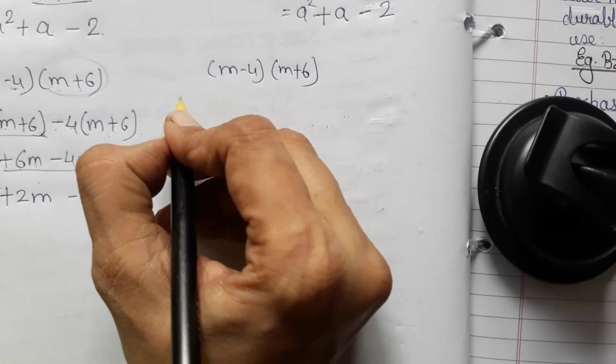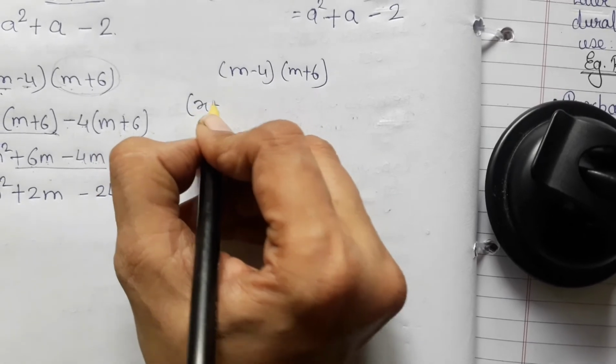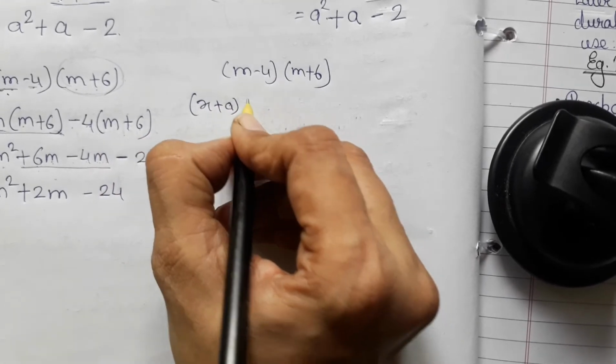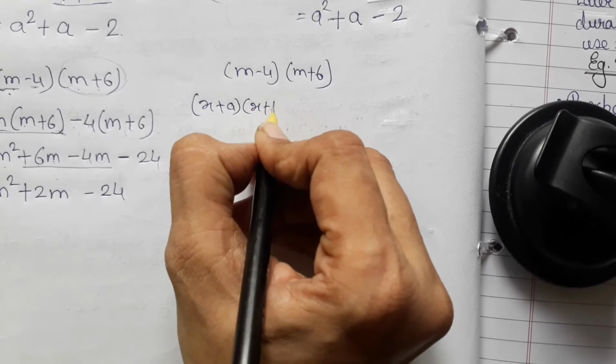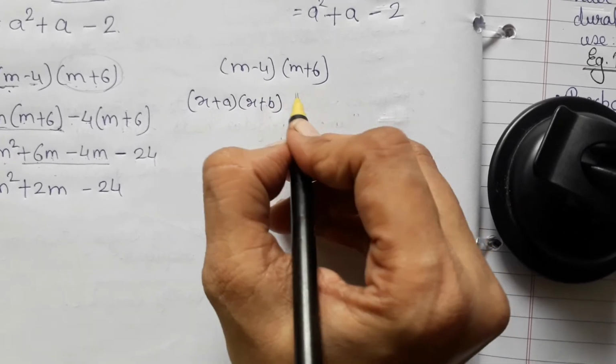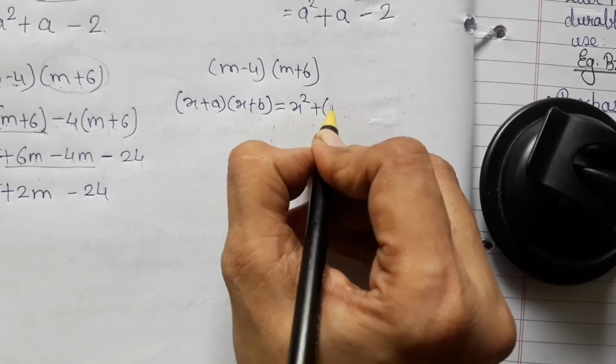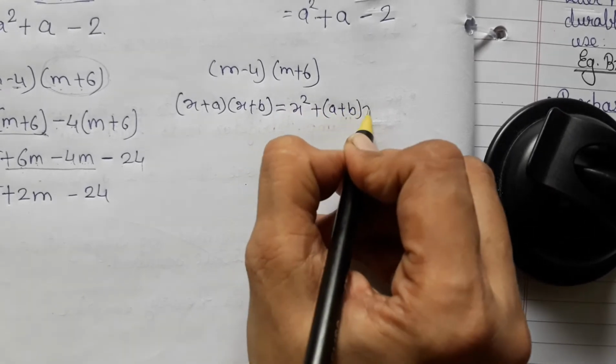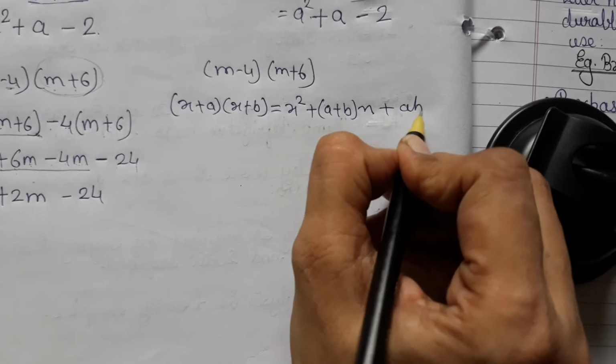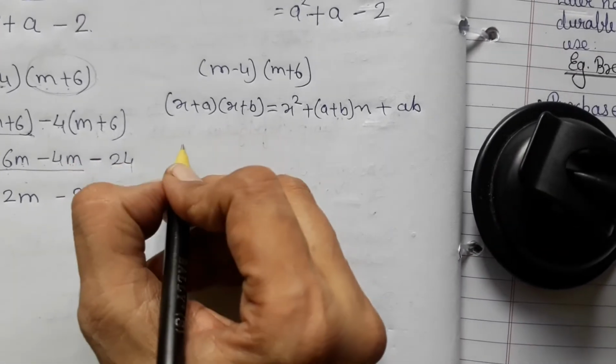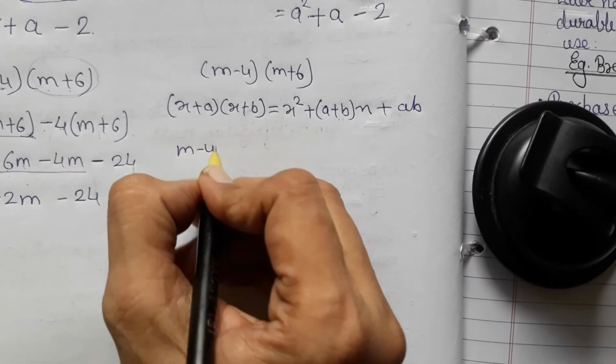Let's use the formula. (x plus a)(x plus b) is equal to x square plus (a plus b)x plus ab. So I write my question once again.